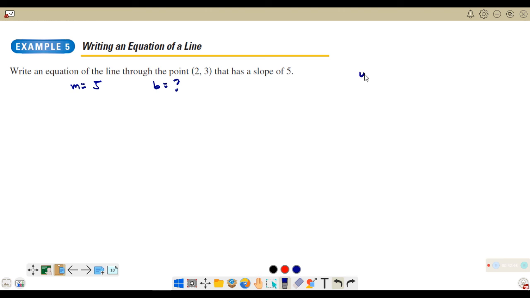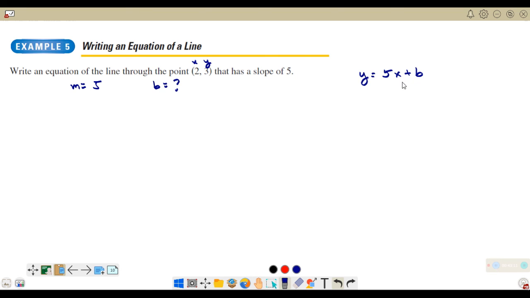So, take note that we have y is equal to 5x plus b. Hahanapin na lang natin si b. And we already have the values for x and y. Mapupunta siya sa 2 and 3.